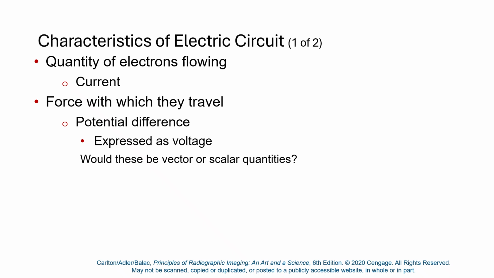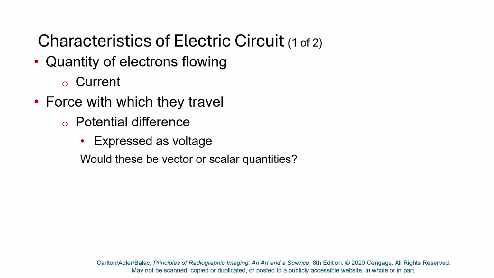Now the other quantity of electricity is the force applied to the electrons that's making them flow, okay? So you can kind of think of current like velocity, and then voltage is the force, okay? Voltage is always talked about as a potential energy or a form of potential energy, but it really is a force.